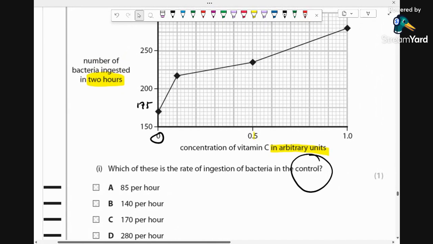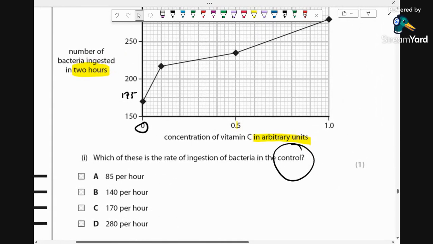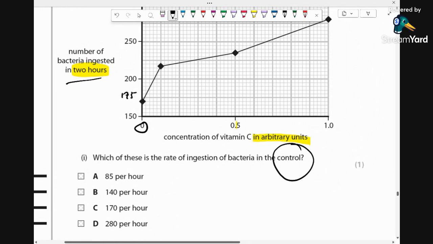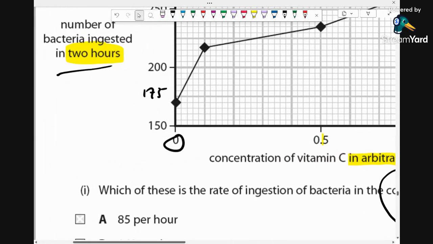Okay, so the rate, so in 2 hours, it would be 150 to 175. 175 minus 150, 25, divided by 1, 2, 3, 4, 5. So each one of these is worth 5.